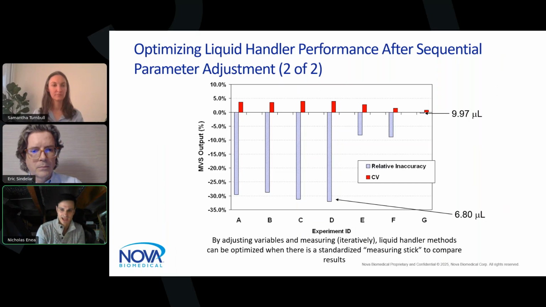But this is big, right? Having an ability to measure those volumes, assess, and then make those adjustments so that we're getting close to the accuracy and the precision that we need to be able to do in general. So this is kind of walking over being able to optimize variable by variable, step by step, with volume verification involved in it as well.